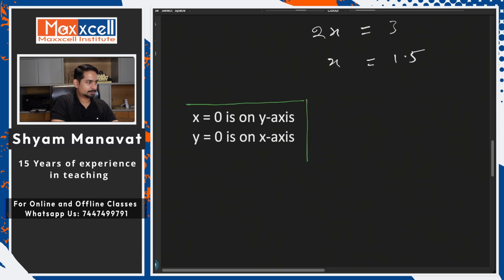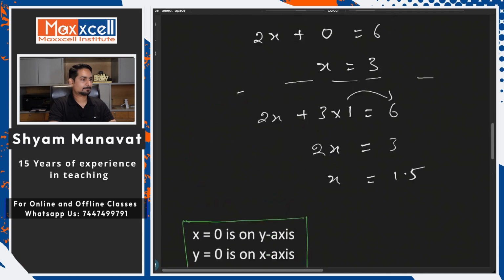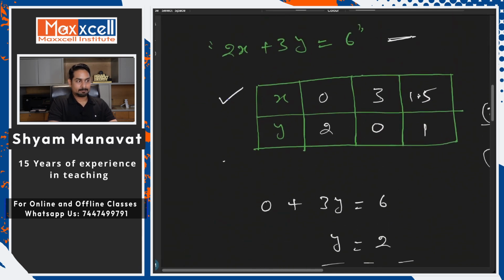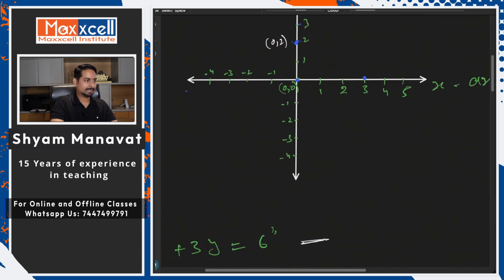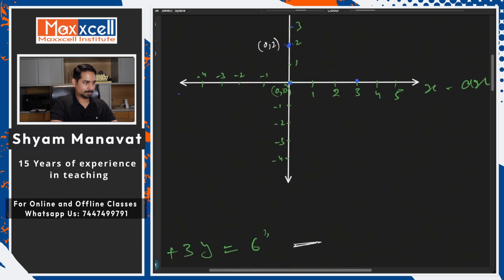X is equal to 0 you will get on the y-axis and y equal to 0 you get on the x-axis. Coming back, for the second point, x is equal to 3, y equal to 0, on the x-axis. This point is 3, 0: 3 for x, 0 for y.